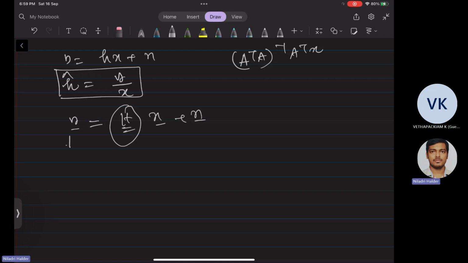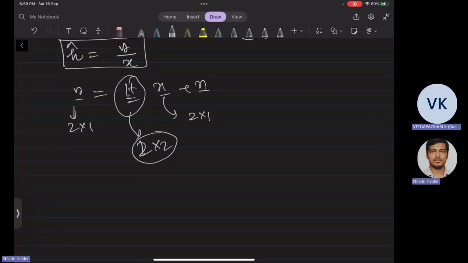I understood. So y is a vector, suppose 2 cross 1, and x is also a vector, suppose 2 cross 1. Then h is a 2 cross 2 matrix. So you're asking how to estimate this matrix using this system model data. That is MIMO channel estimation. You can't do this using this system model.